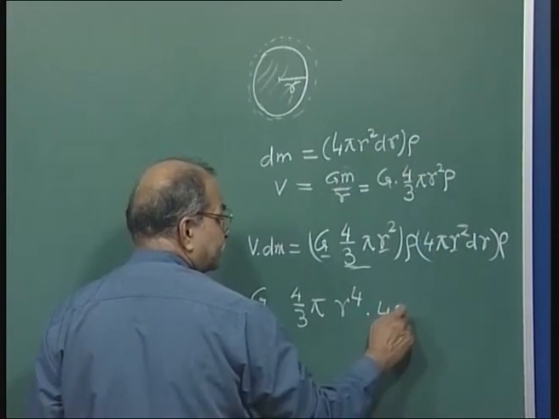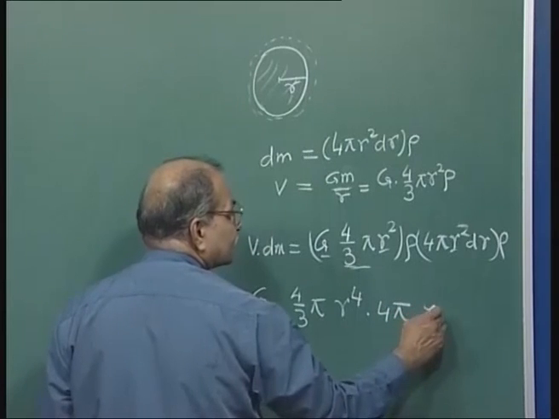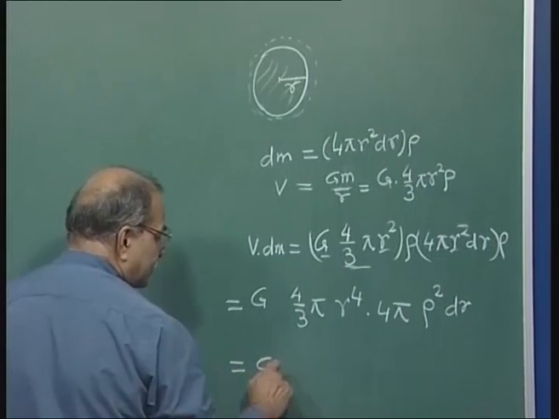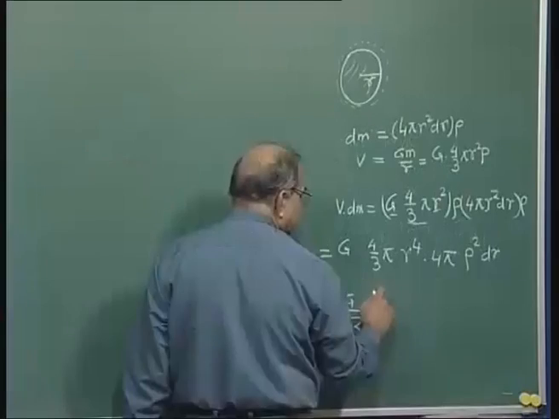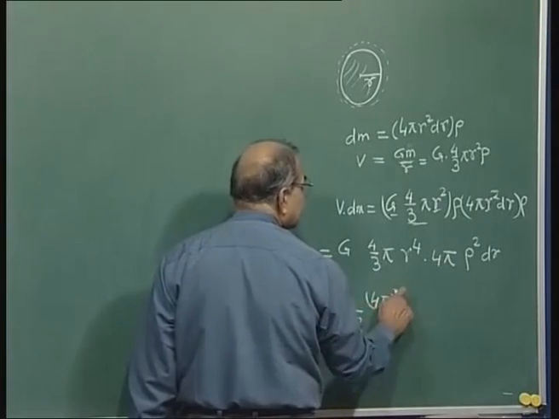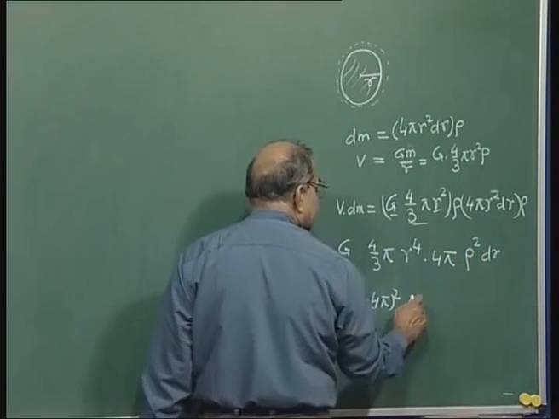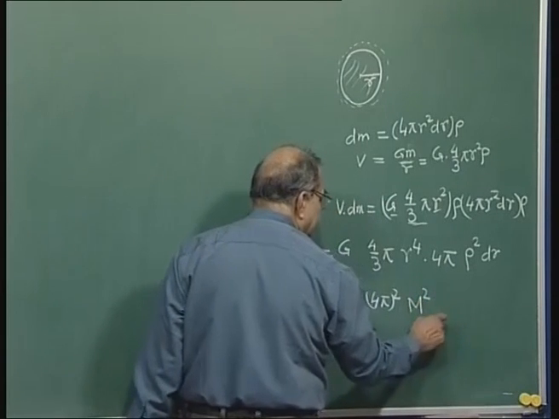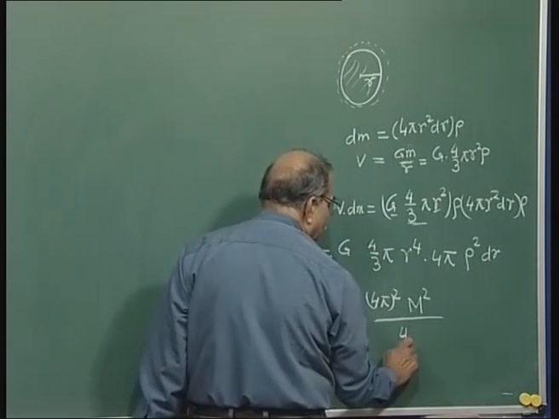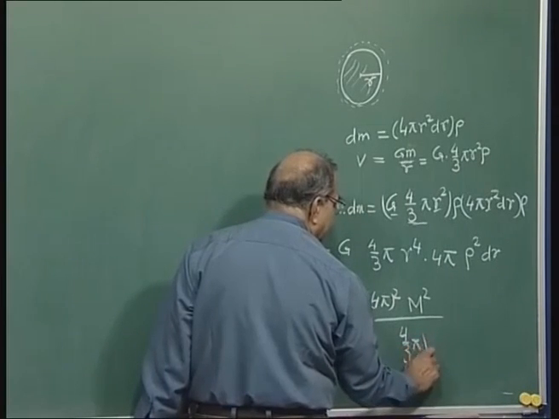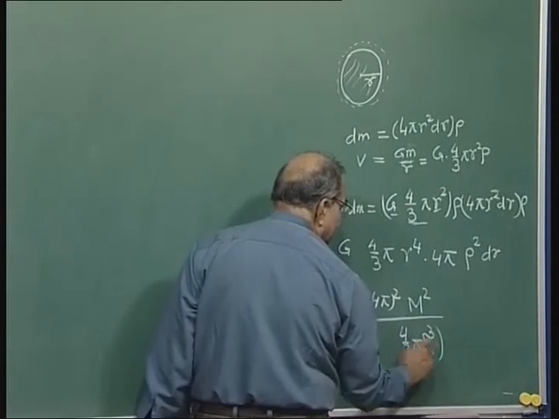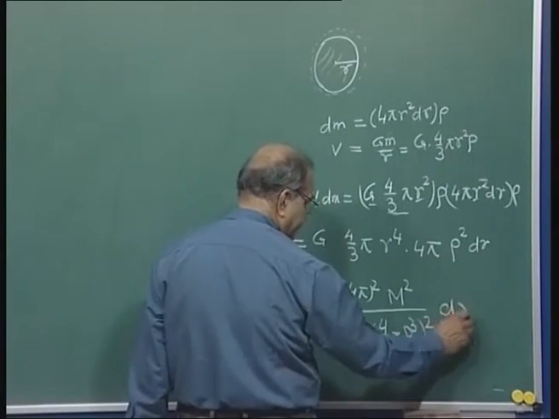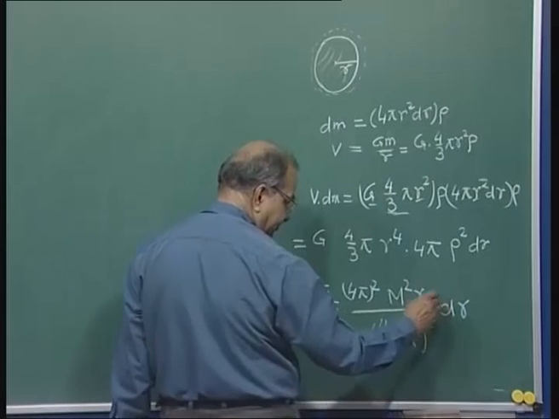So, 4 pi and rho square dr. That is G, take 3 here, this is 4 pi square, and rho square is total mass square divided by total volume, that is 4 by 3 pi capital R cube, the total volume whole square, dr. And where is that r 4? Here is that r 4.